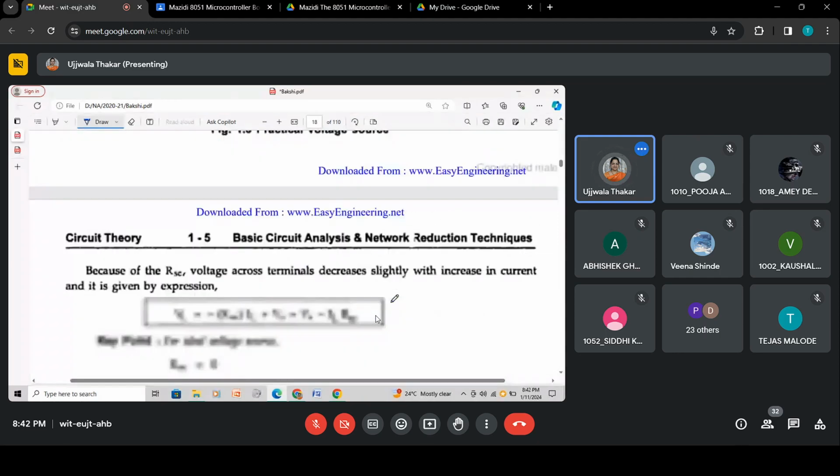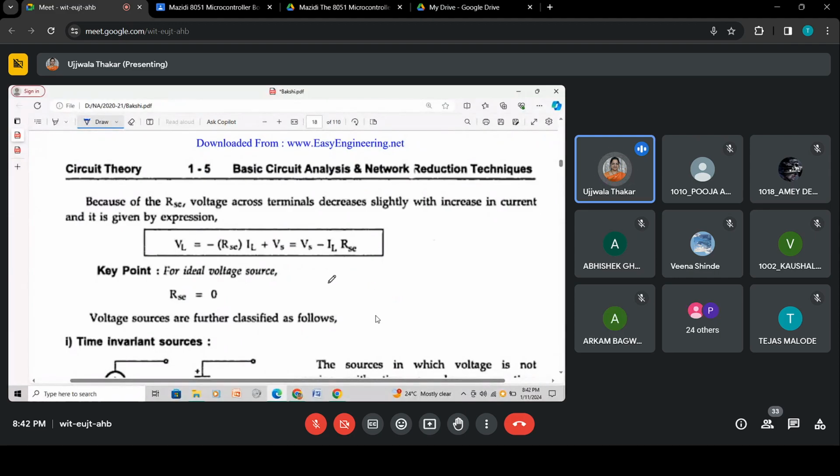This is simply the drop across the series resistance. That's why you can see the drop in the load voltage in case of a practical voltage source. In case of an ideal voltage source, there is no internal resistance.